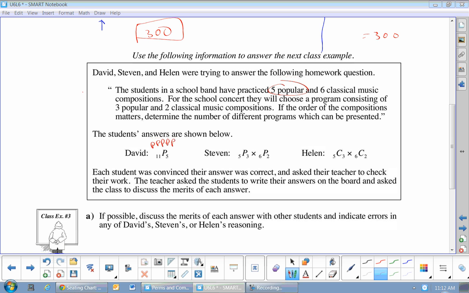The problem with this one is that it basically does this, and there is a specific order, they're saying, well, no, it's got to be 3 popular first, then 2.